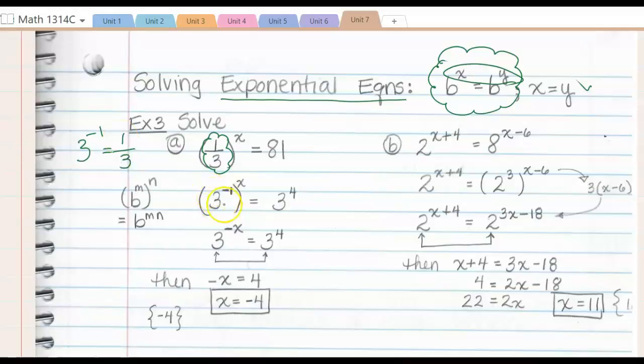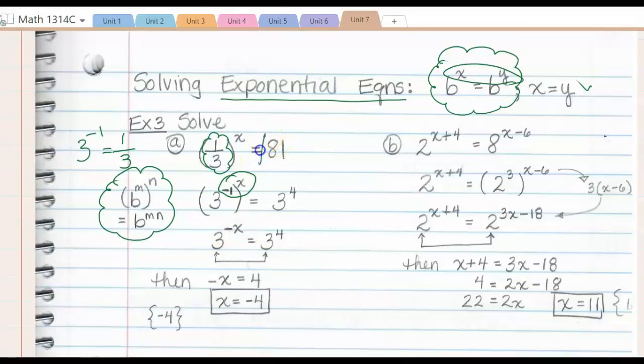So that's where I'm getting this 3 to the -1, and then I still have it to the power of x. Using this particular rule about exponents, I'm going to multiply my two exponents, meaning if you have a power to a power, you multiply those two exponents, and that's how I get 3 to the -x.